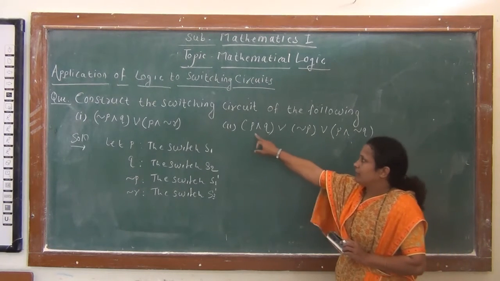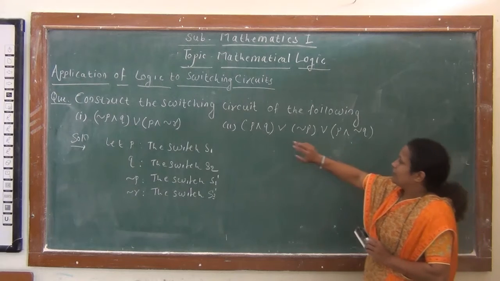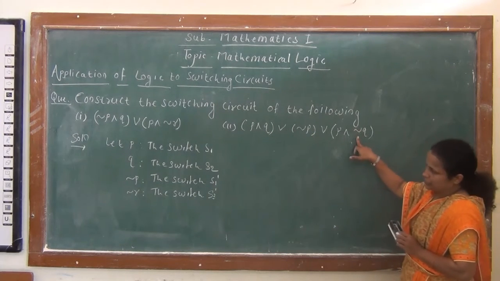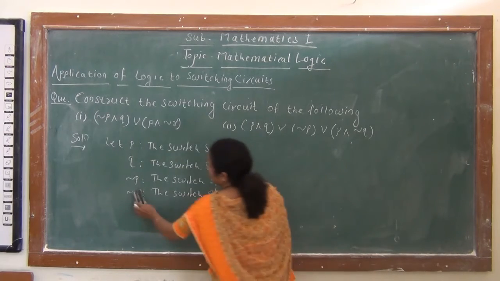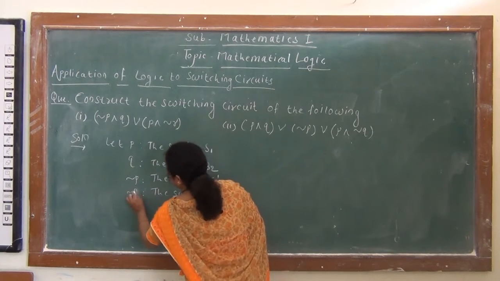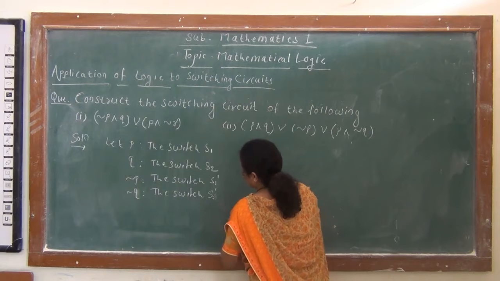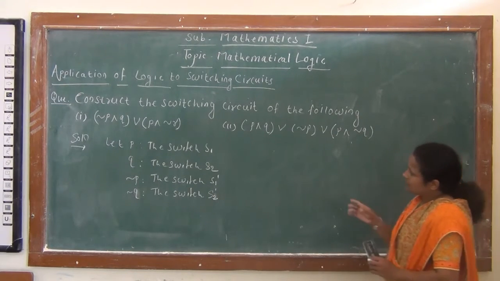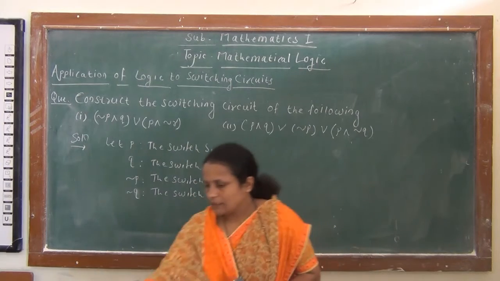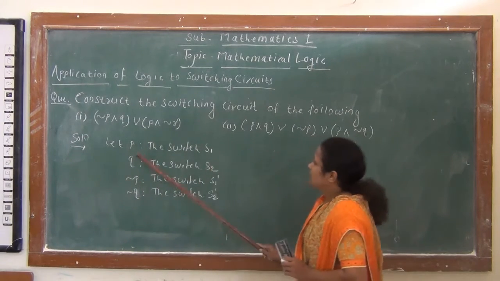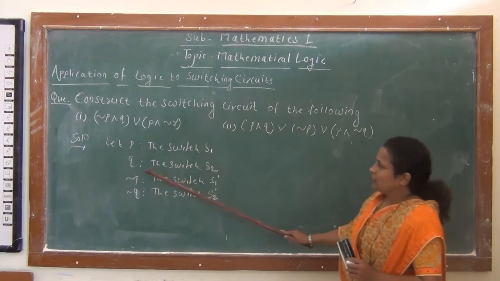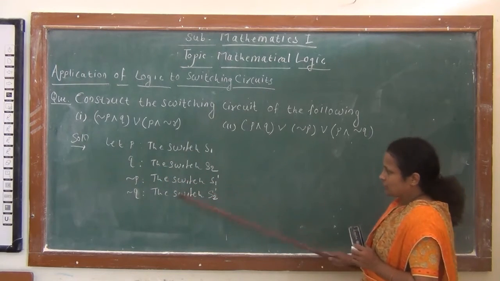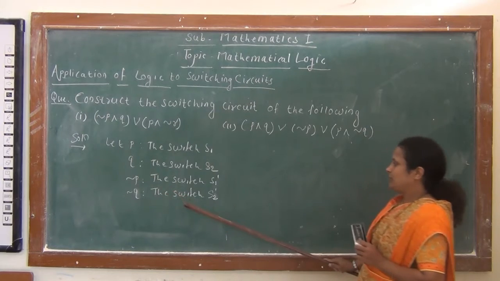We consider only one P. So we have distinct letters P, Q, negation P, negation Q. Instead of negation R, we use negation Q, that is S2 dash. So our 4 statements are: let P be the switch S1, Q the switch S2, negation P the switch S1 dash, and negation Q the switch S2 dash.